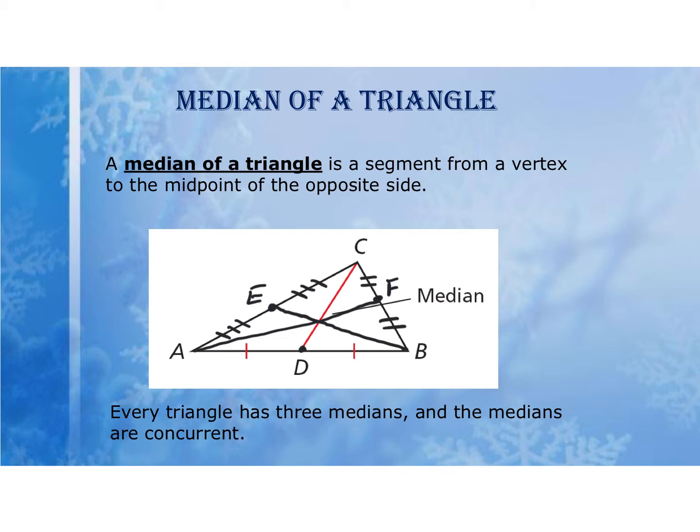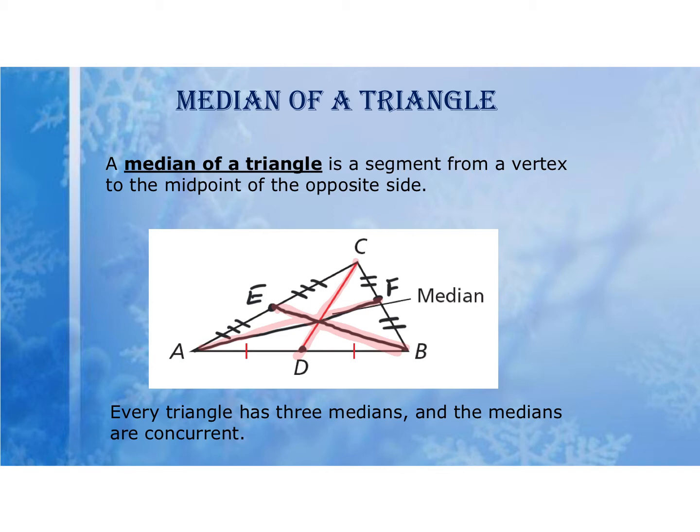So your medians go from the vertex to the midpoint of the side opposite. All of these red ones are the medians, and then you have the original that was drawn in the figure. You have 3 vertices, so you have 3 medians.